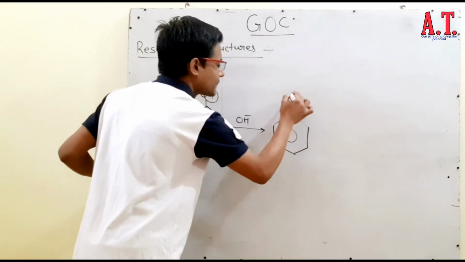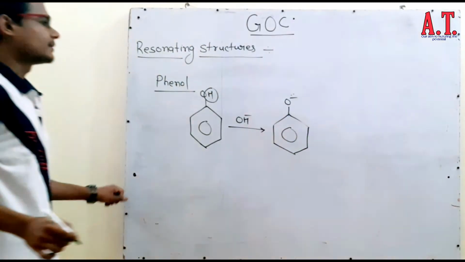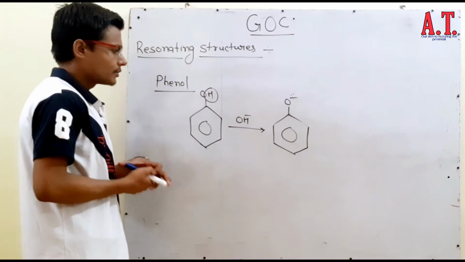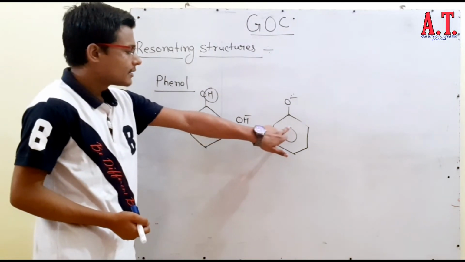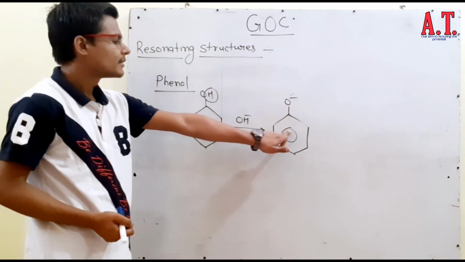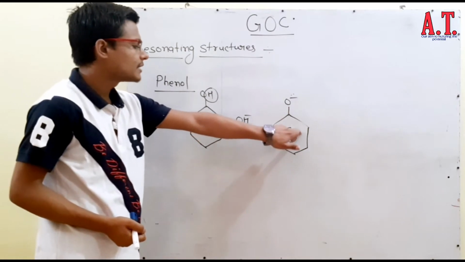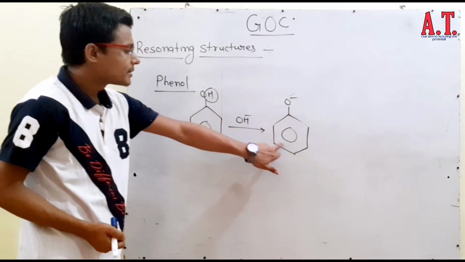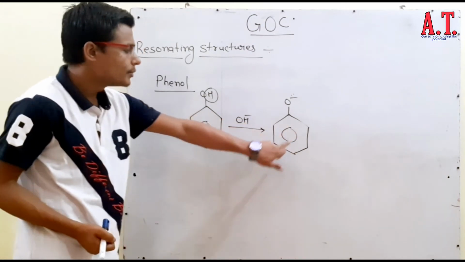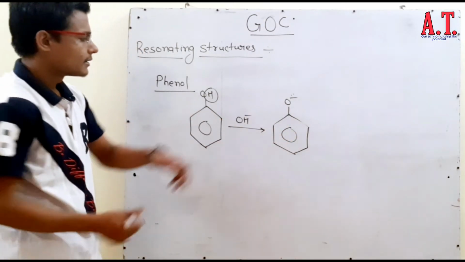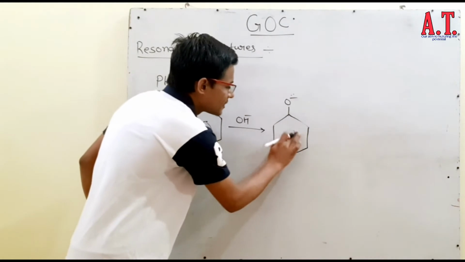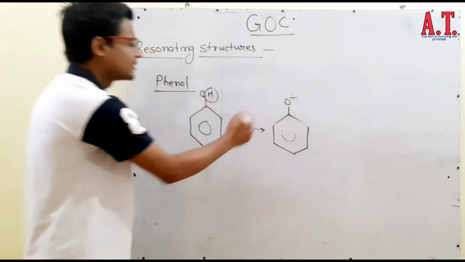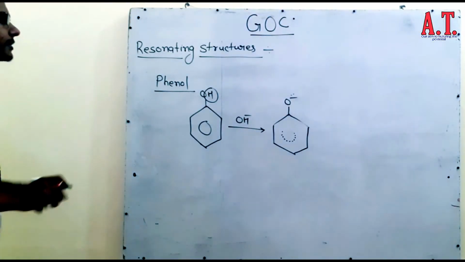O minus. This is the lone pair on the oxygen atom. This is the benzene ring, and this circle is the resonating circle which represents the pi bonds moving. It is nothing but this, and this is converted into this form.